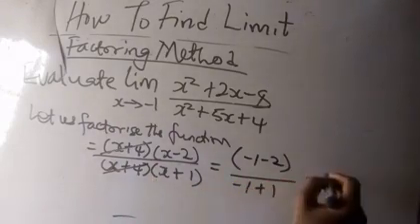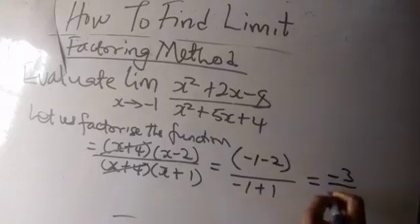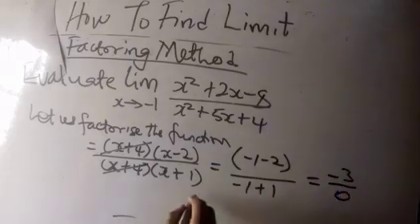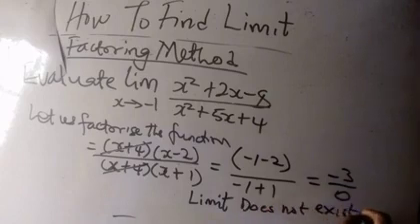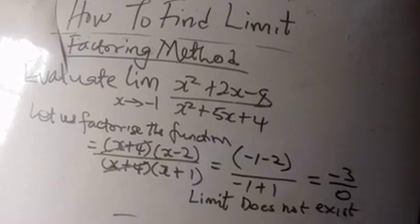So what do we have? We have minus 3 divided by 0. So limit does not exist in this function.